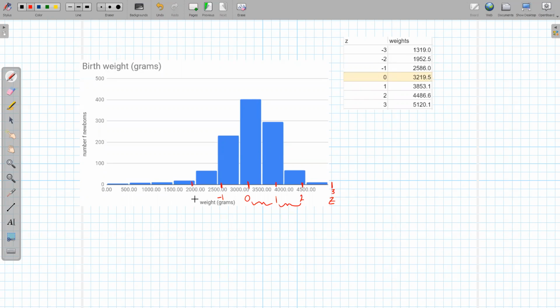Let's say it's about right there. So that'd be a z-score of -2. And let's see, -3 would be 1,319-ish. So 1,000, 1,500, in the middle is 1,250. So maybe just right about there-ish would be 3 standard deviations below.